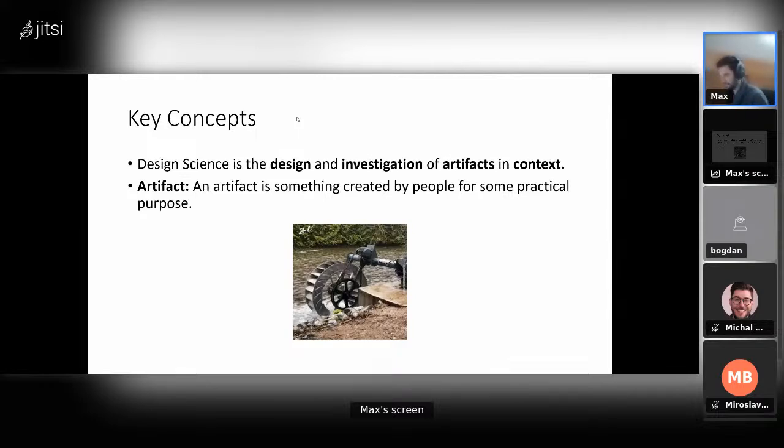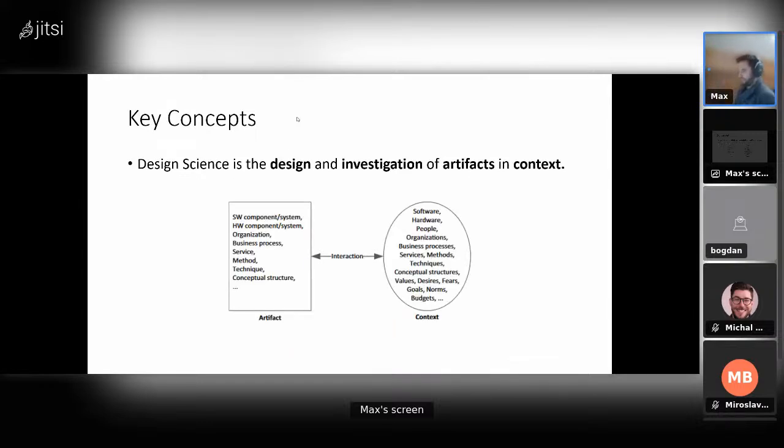Of course it's a trivial example, but it's just to explain the concept of artifact and context. Artifacts can be many things. It could be a software component, system, hardware, organization, business process, service, method, and so on. And the context can also be many things. They can sometimes be the exact same thing.